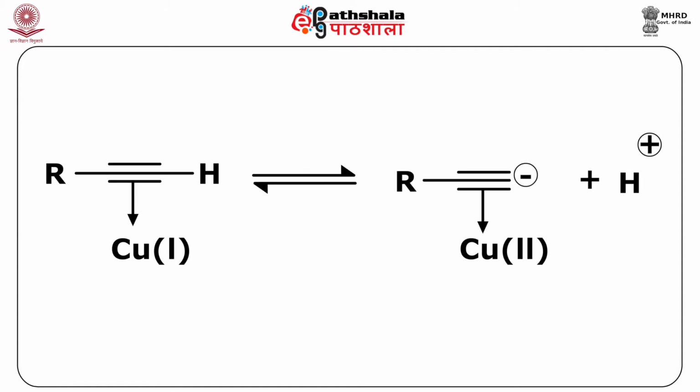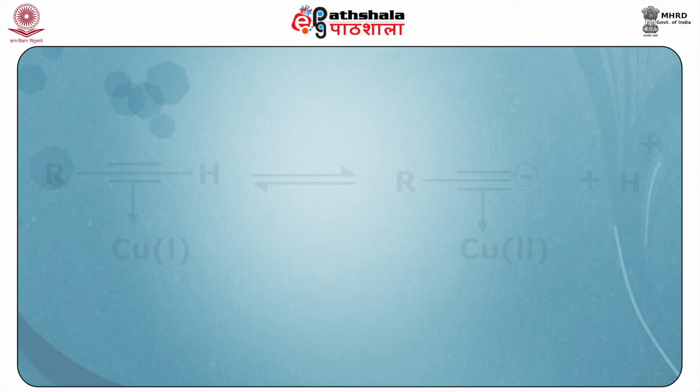An alternative synthetic strategy has been employed using an aqueous mixture of copper 1 chloride and ammonium chloride under air. These conditions facilitate the removal of proton by complexing between carbon-carbon triple bond and copper 1 ion, as shown here in the given mechanism.